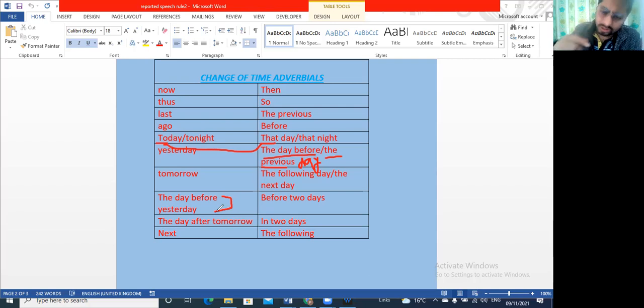Now, the day after tomorrow: tomorrow will be one day later, and the day after tomorrow means one plus one, two. It means the next two days. In two days, count that. In two days, next changes into the following.